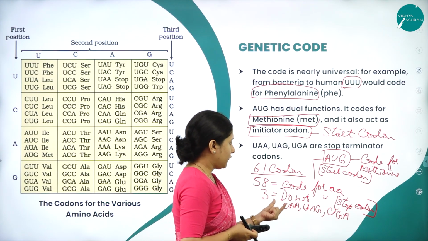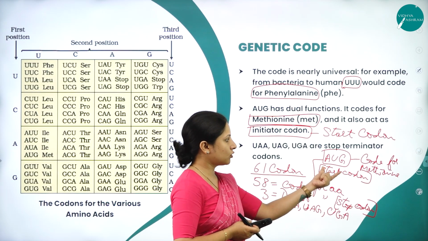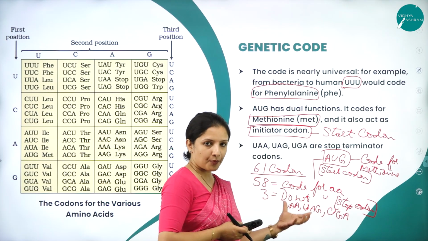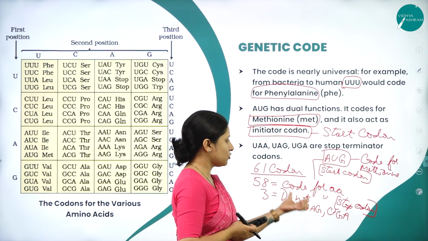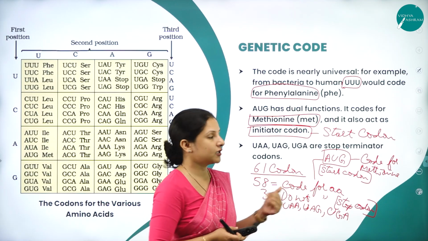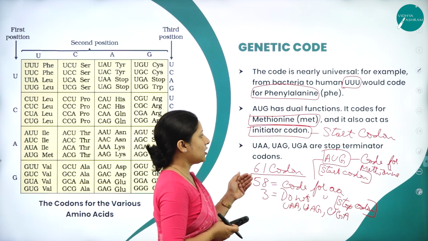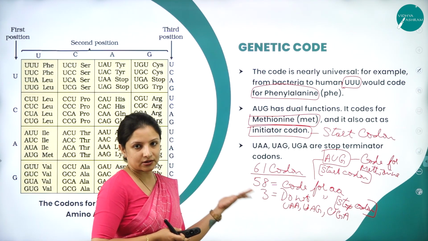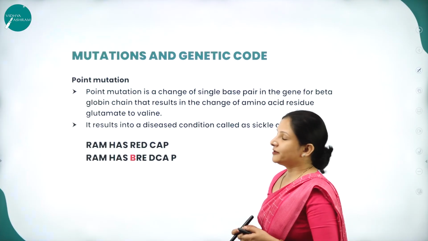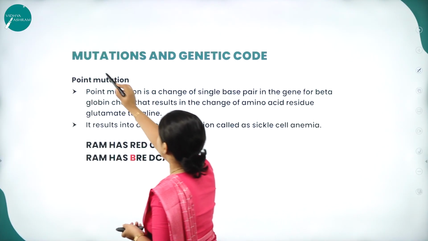So therefore, the initiator or start codon is AUG and the stop codons are UAA, UAG or UGA. I hope you have understood this. So this is about the salient features of the genetic code. Next we'll talk about mutations and genetic codes.